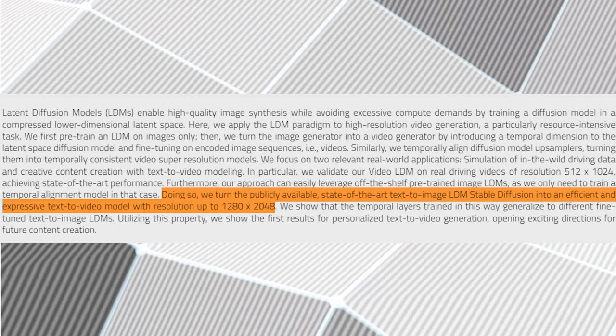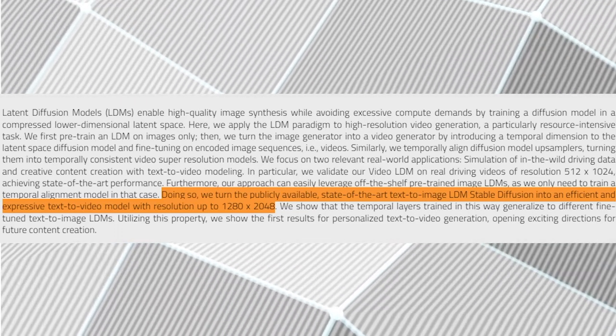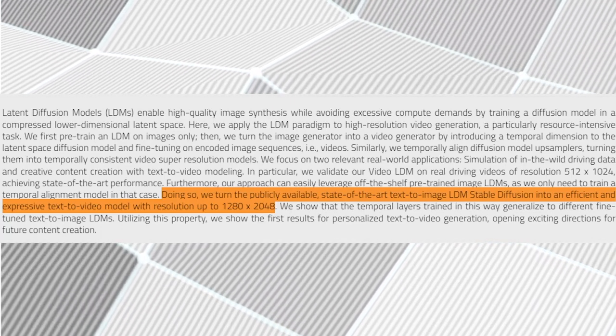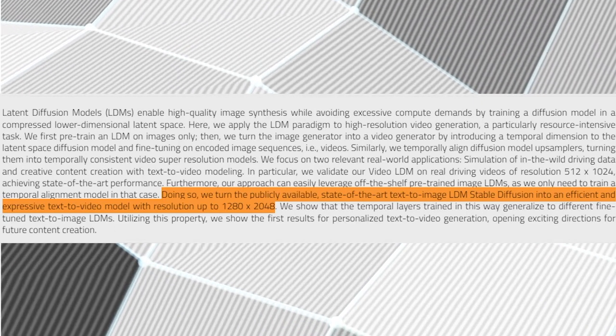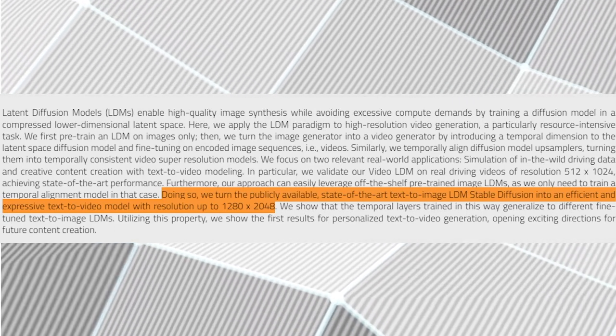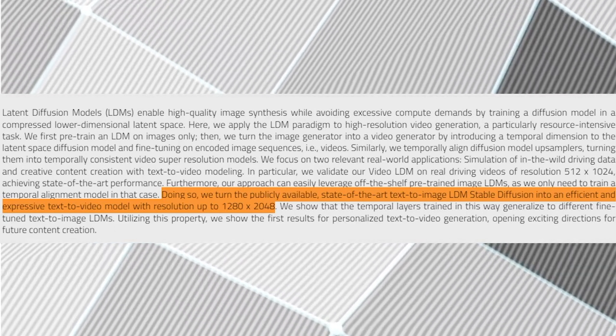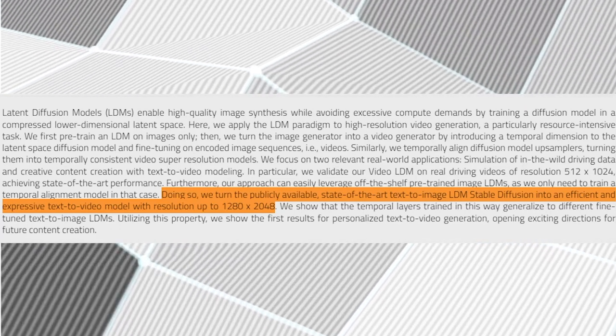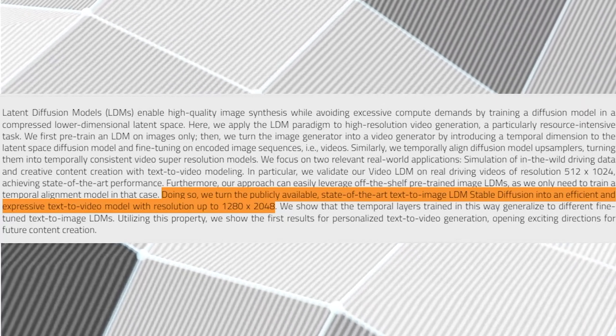To better understand how this technology works, we can turn to the abstract of the research paper, which contains a lot of information. The highlighted portion explains that the state-of-the-art text-to-image LDM stable diffusion has been converted into an efficient and expressive text-to-video model with a resolution of up to 1280 by 2048.